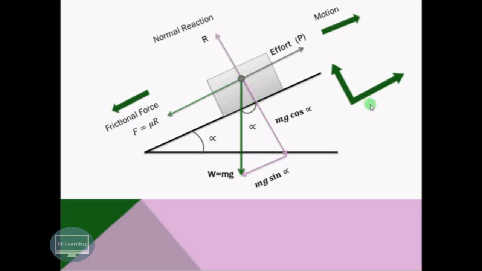Whereas this R is in the upward direction, along the positive y-axis, and mg cos alpha is along the negative y-axis. So we apply the conditions of equilibrium, assuming that the inclined plane is the x-axis, and perpendicular to that is the y-axis.